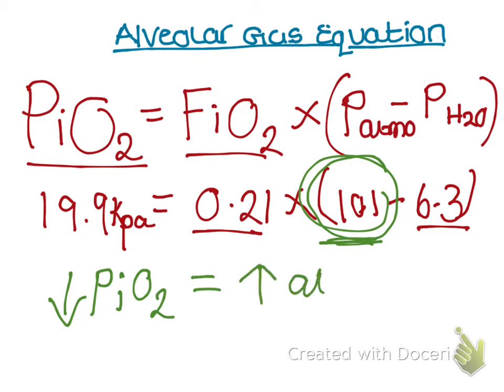So this is why if you were to climb Mount Everest, there'll be less partial pressure of oxygen available for you, and therefore less alveolar oxygen available.